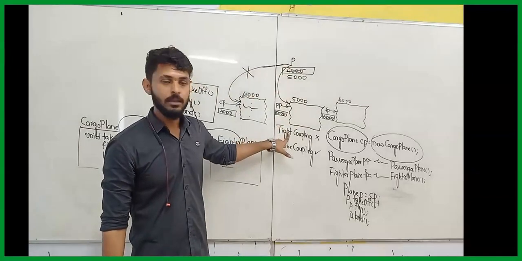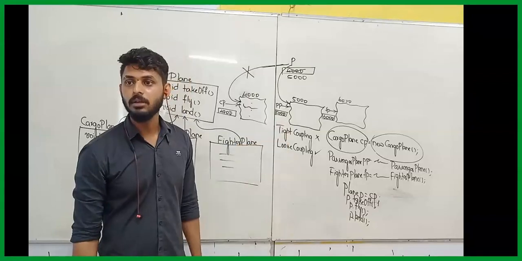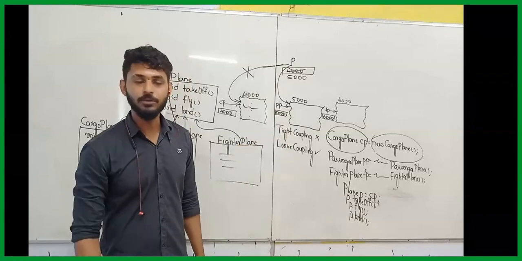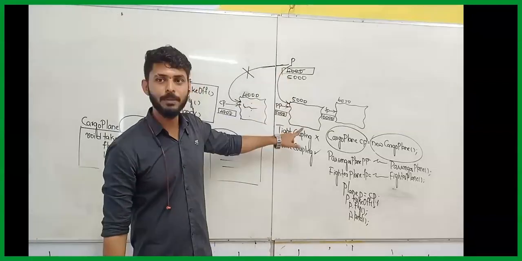Using PP, if I'm able to access, think yes or no? But before doing that, before I write P dot that, don't you think I want my P to point to here first? How to make it?